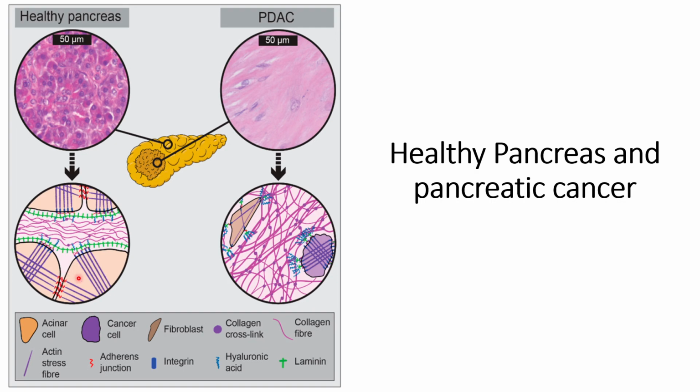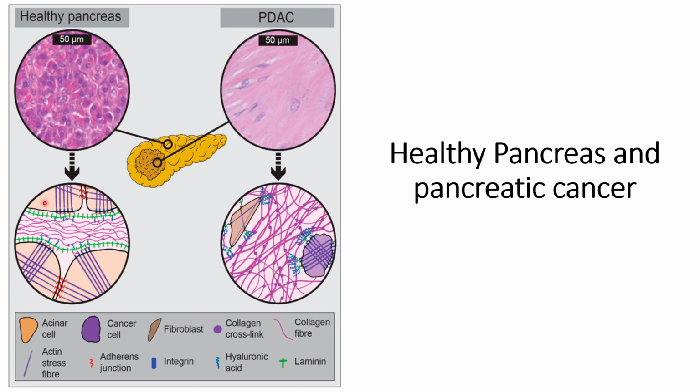And apart from this, we can see that the stromal layers, that is the region surrounding the pancreatic cancer cells, are also increased, whereas in the case of healthy pancreatic cells, everything is uniform. The laminin plays a role towards interacting with the cells.